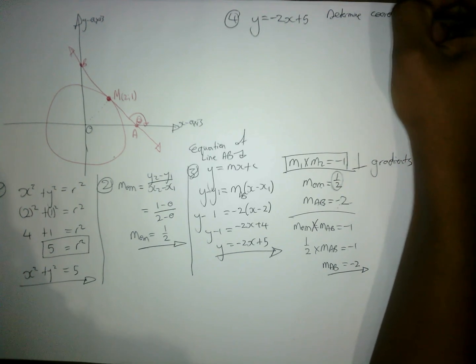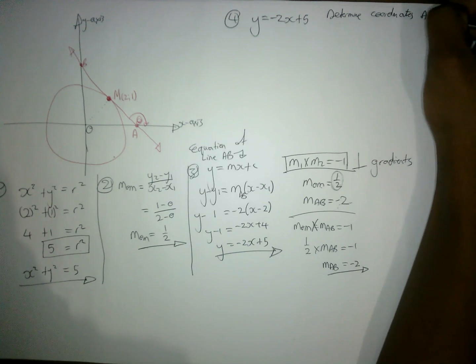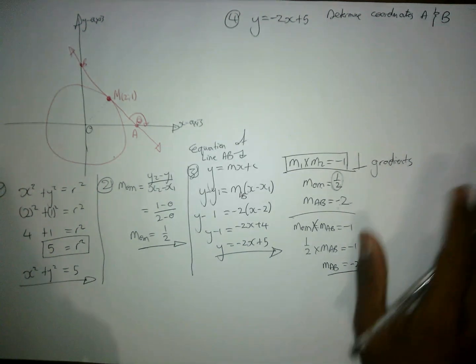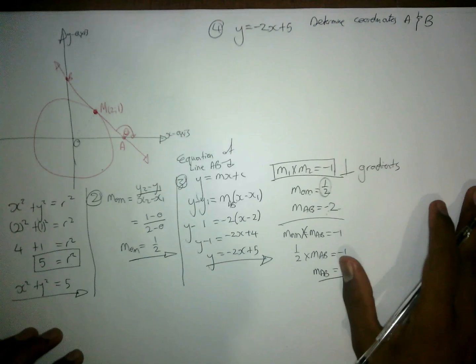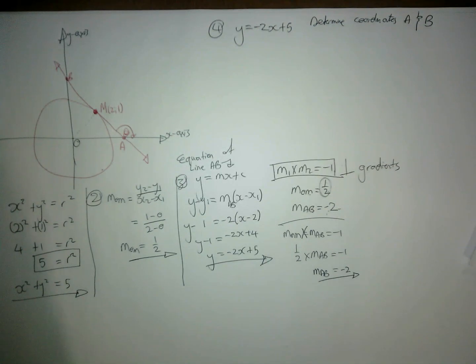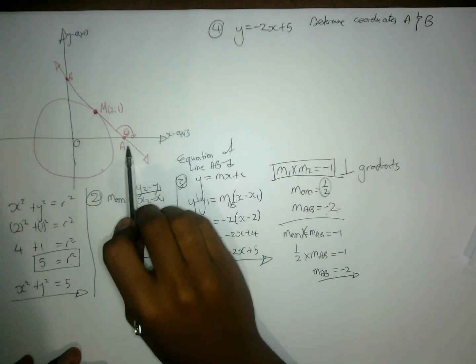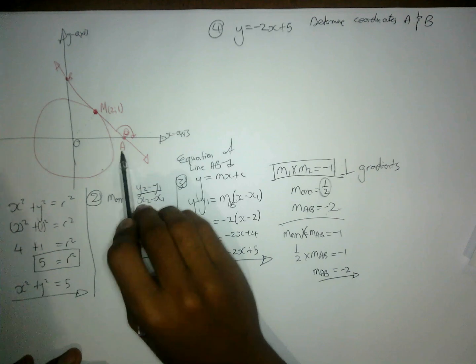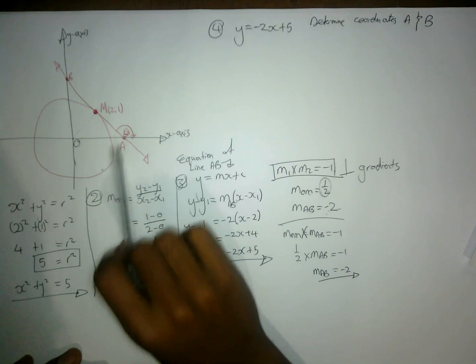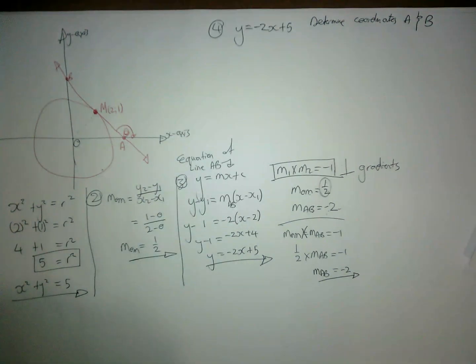We must determine coordinates A and B, but let's start with coordinate A. We do one thing at a time. Who knows the step now for him? Anyone? We did it just now, almost. You are very, very close.